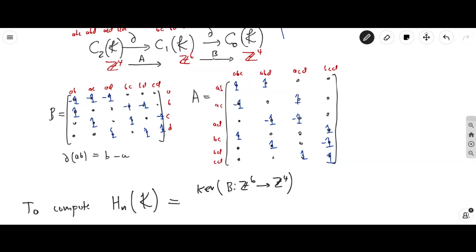In the language of linear algebra, perhaps you recall that's what you call the null space. And then you're going to quotient it out by all of the boundaries of two-dimensional simplices. So you're going to have to take the image of this linear map A, that goes from Z4 into Z to the 6, and calculate what that is.